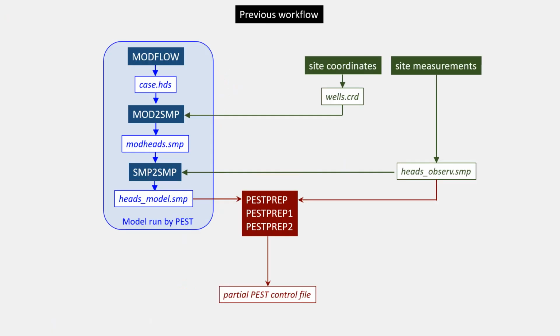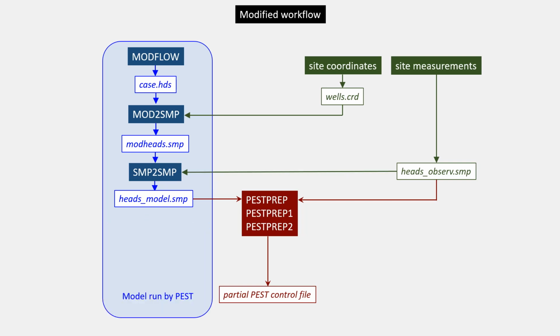So now let's see how we modify our previous workflow to include time differences in an inversion process. Here's our previous workflow. So now the model run by PEST will be a little bit more sophisticated. Firstly, we take differences of the measured data. So here's our measured data recorded in this site sample file, and here are differences of measured data recorded in this site sample file.